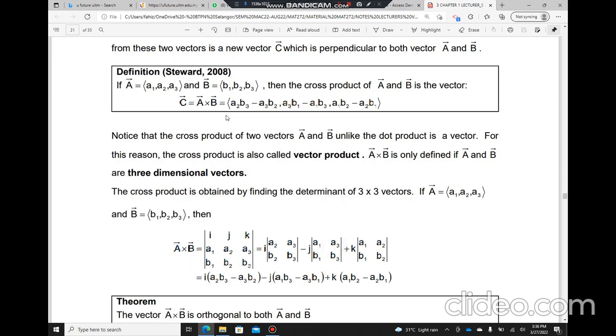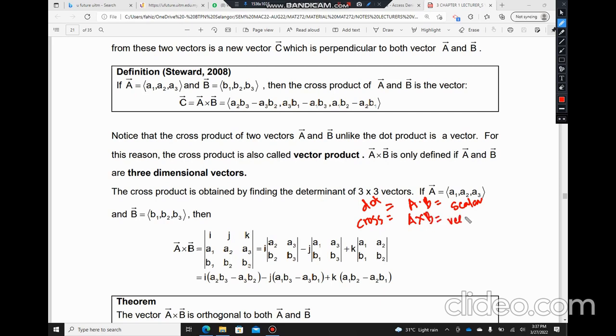Okay, so satu yang kita nak tekankan kat sini, apa beza cross dengan dot product? Okay, kalau dot product A dot B, awak akan dapat skala ataupun nombor kan, nombor biasa. Tapi kalau cross product A multiply by B, awak akan dapat vektor juga.